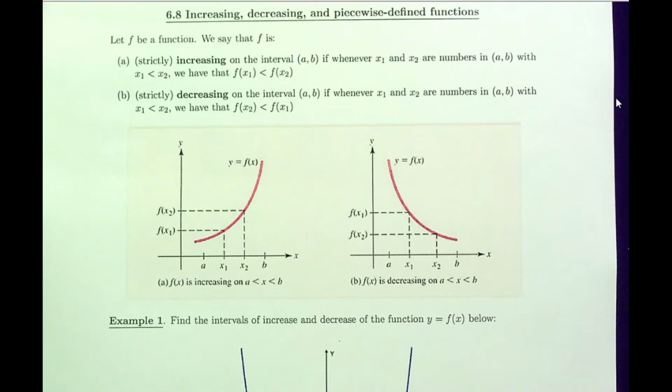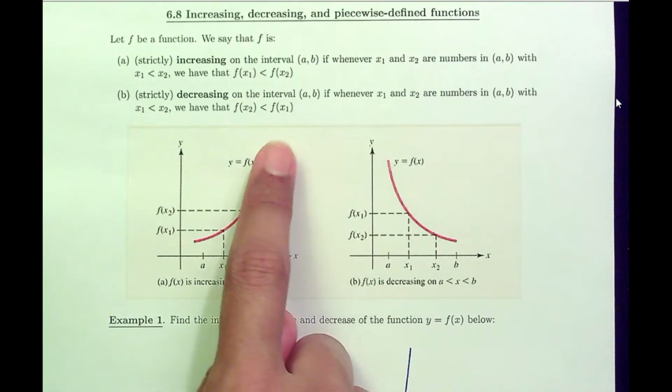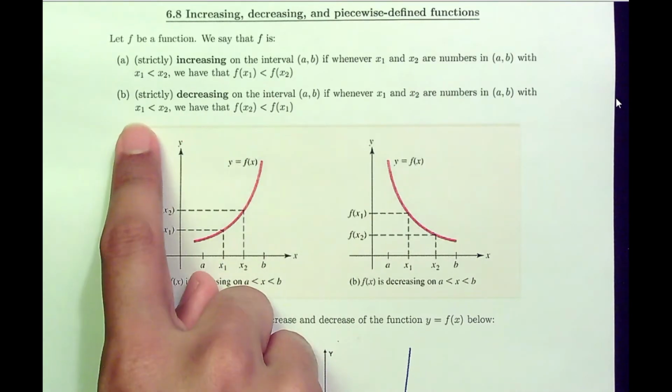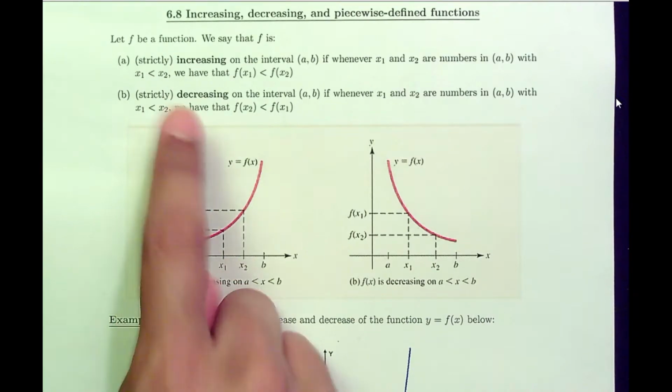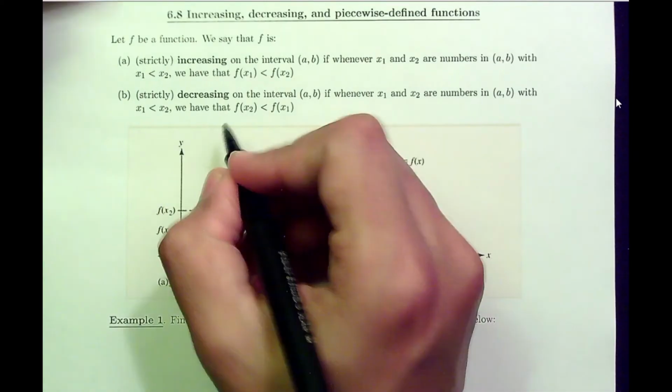Okay, and decreasing is like the opposite. Things are reversed. A function is decreasing if, when you take two numbers and apply f on both sides, the inequality is reversed.